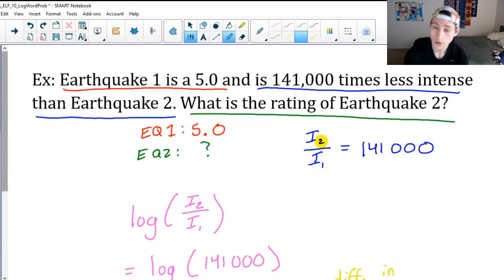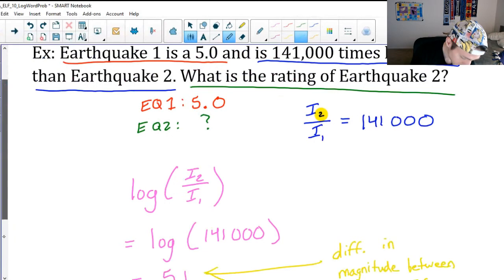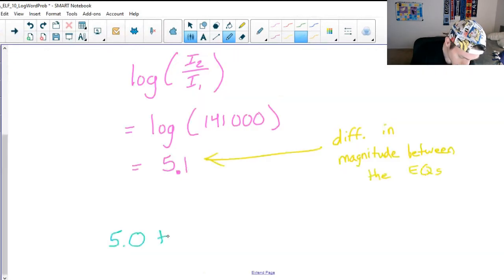But earthquake 2 is stronger, so that's why I would add the 5.1. So yes, exactly, Aiden. 5.0 plus 5.1 equals a 10.1 for earthquake 2.